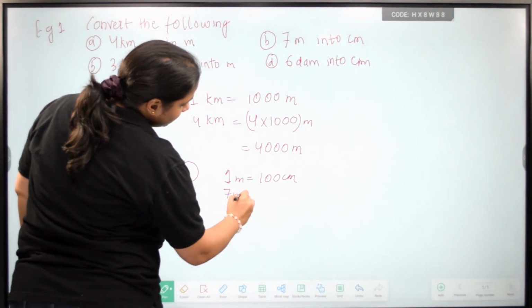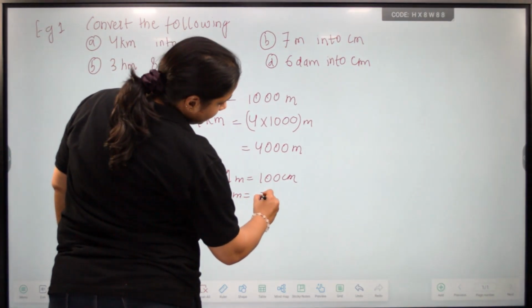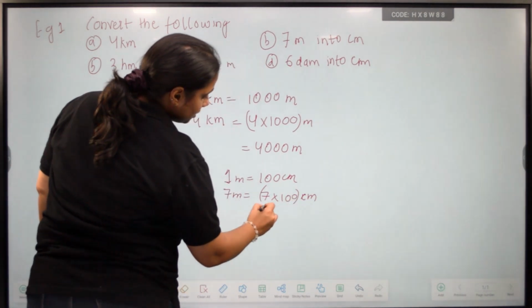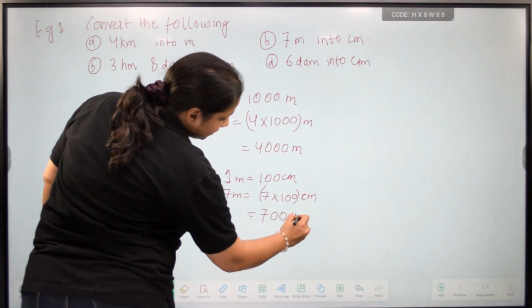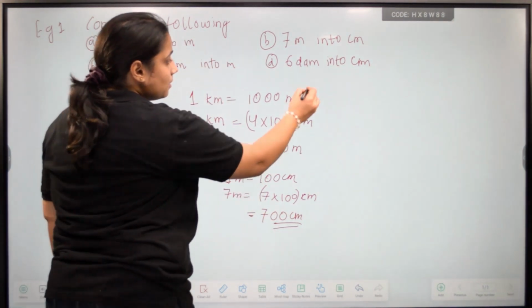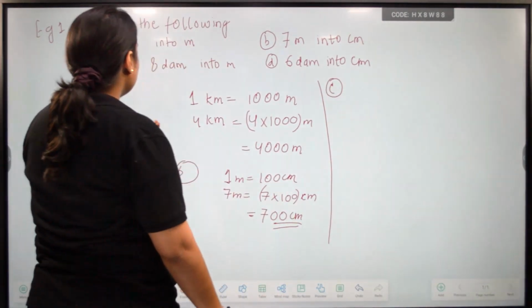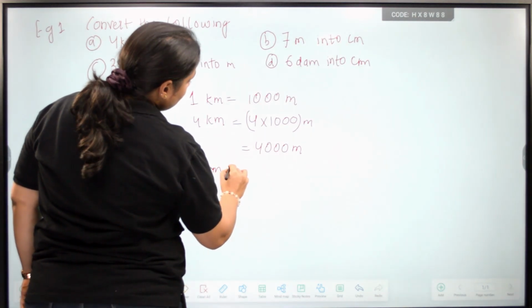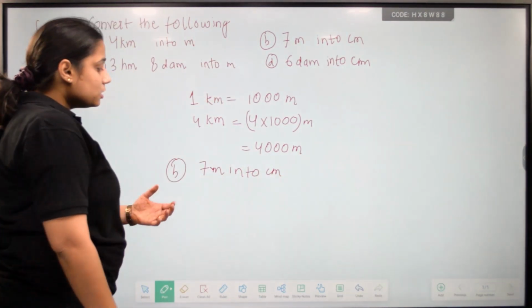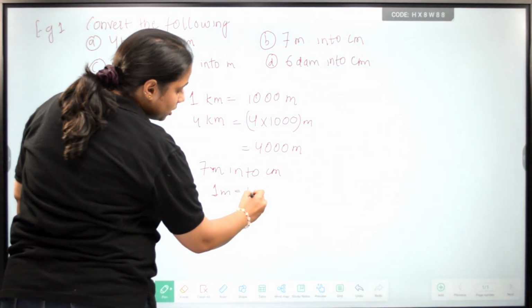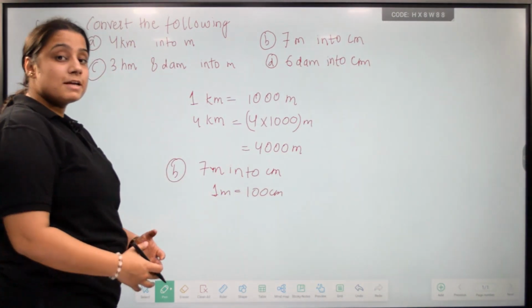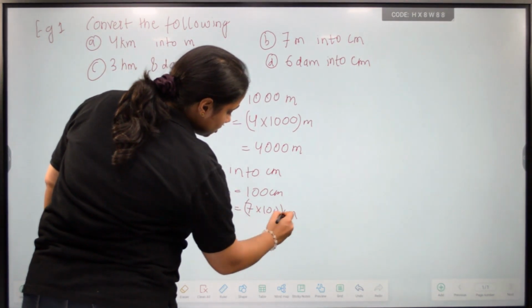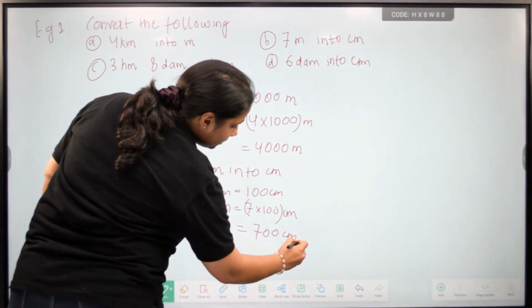Therefore, 7 meter will be equal to 7 into 100 centimeters, which is equal to 700 centimeters.